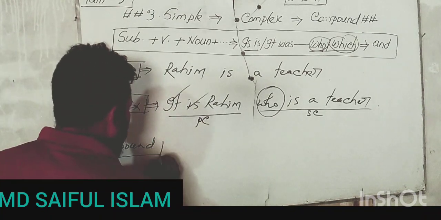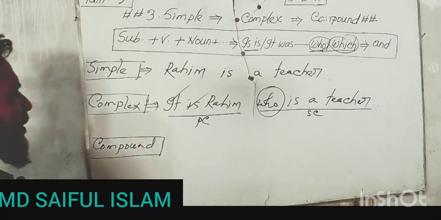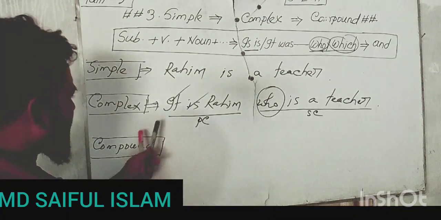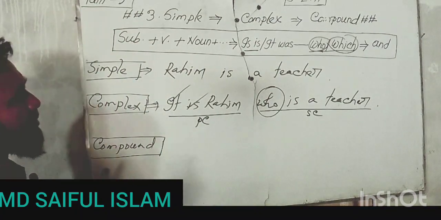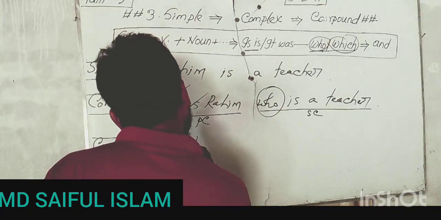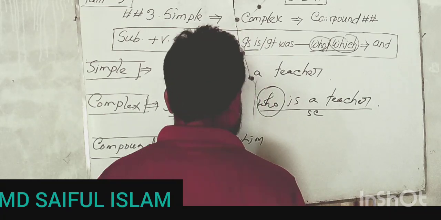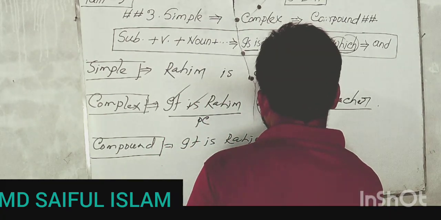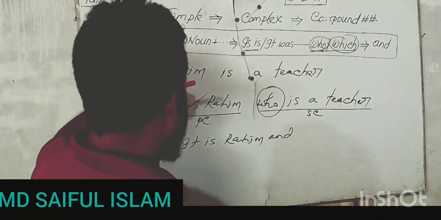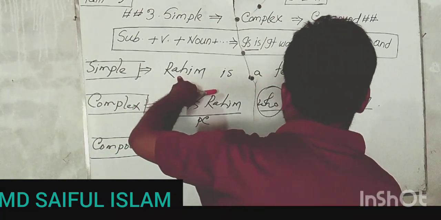Compound sentence. So viewers, what can I do now? Now at the time of transformation of the sentence into compound, for such kinds of statement we will have to use "and" instead of "who". So write down, it is Rohim, and you may use the pronominal form of the first subject, my dear learners.